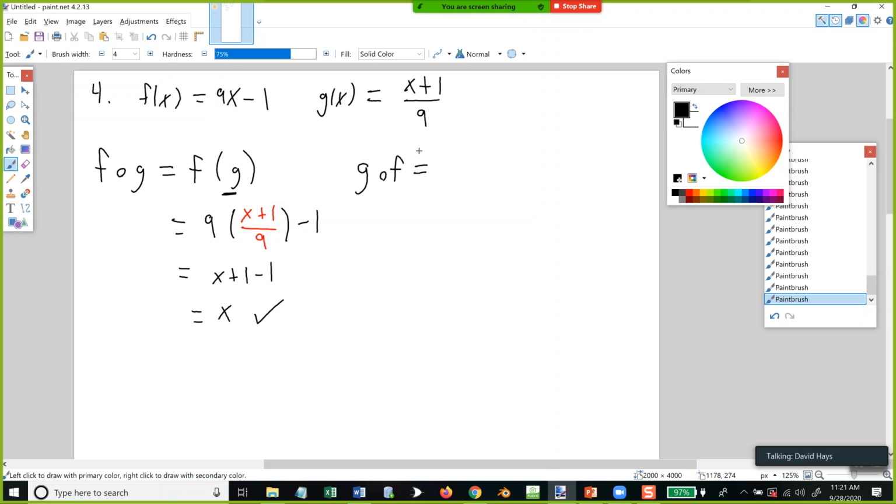Now go in the other direction. We want to find the composition g and f, which is g of f. Now I'm going to take my g of x, which is x plus 1 over 9, and I'll replace my x with a set of parentheses. We're evaluating, so we're going to plug f in there, but f is equal to 9x minus 1.